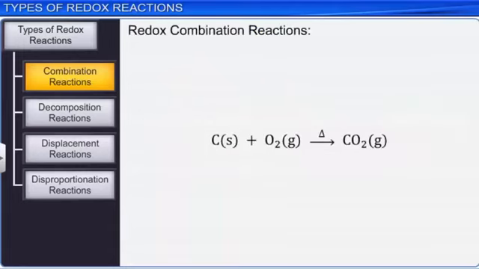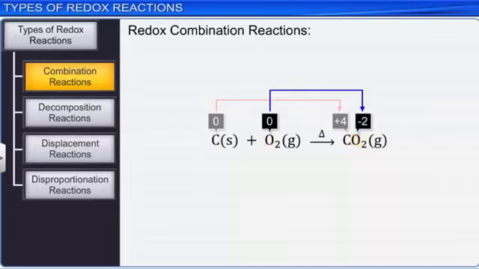Let's look at some examples of redox combination reactions. Carbon and oxygen in elemental states combine to give carbon dioxide gas. The oxidation number of carbon and oxygen is 0. When carbon dioxide gas is formed, the oxidation number of carbon becomes +4 and oxidation number of oxygen becomes -2.